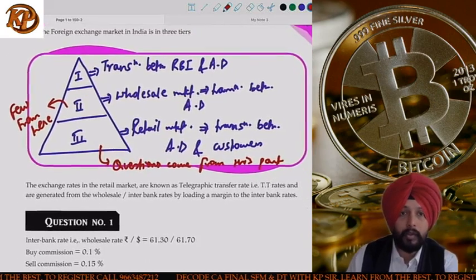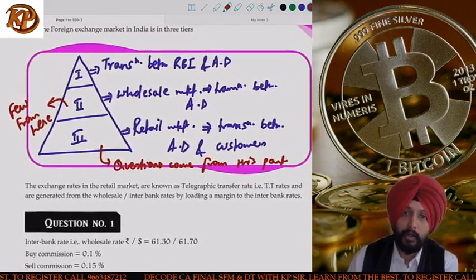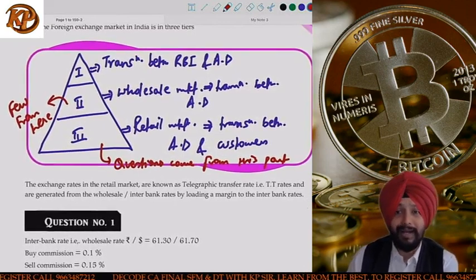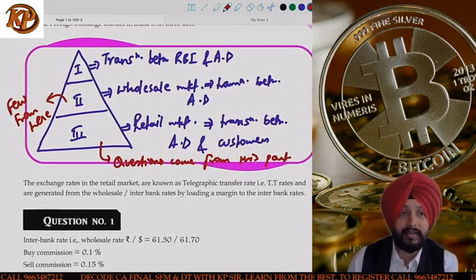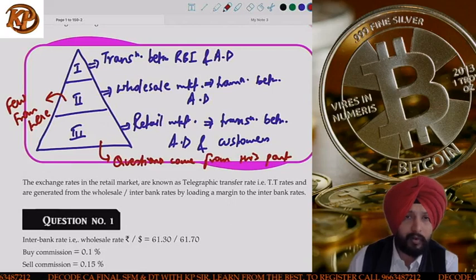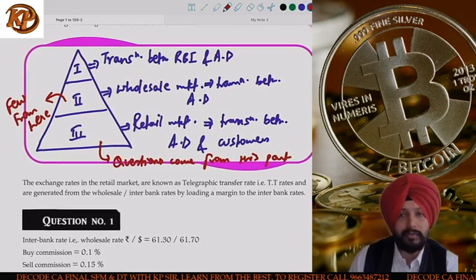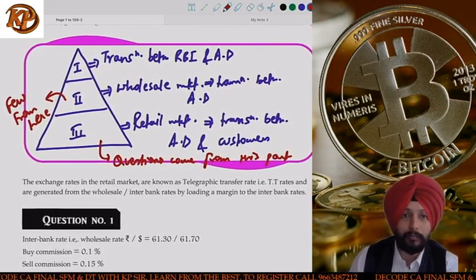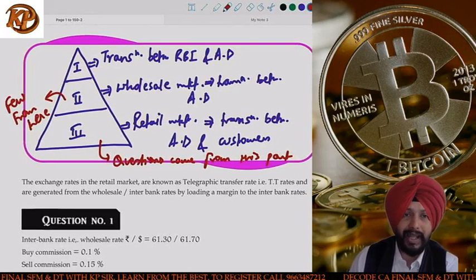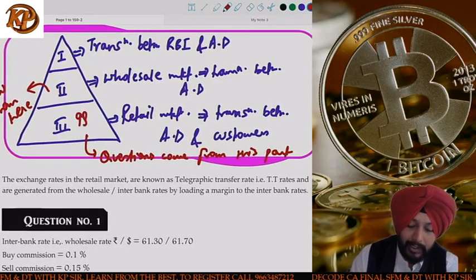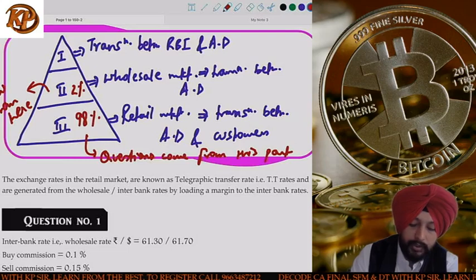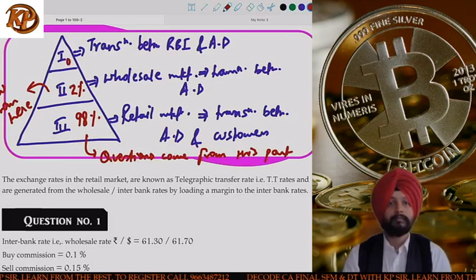Questions come mainly from your last part, where we are a customer and we go to the bank for buying a currency, and few might come from tier 2 also, which we will discuss at the end of Forex, not now. But the chunk of your discussion, I can say 98%, 2% and 0, like that.